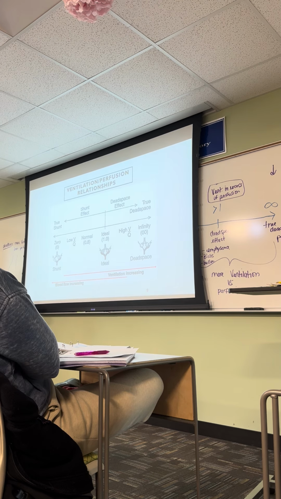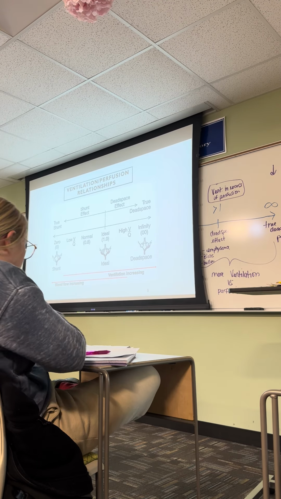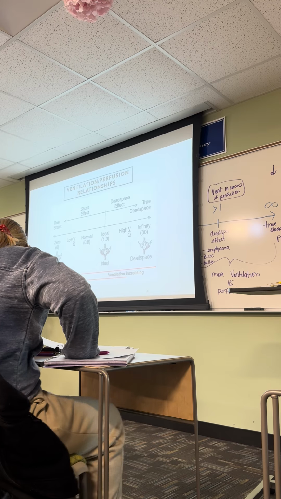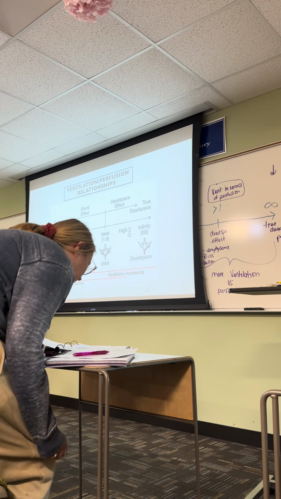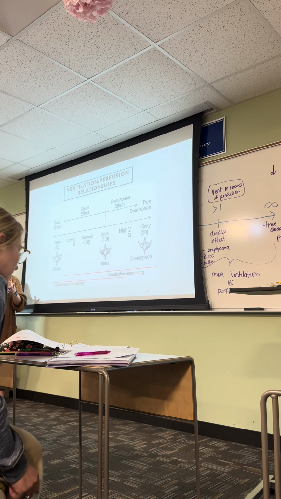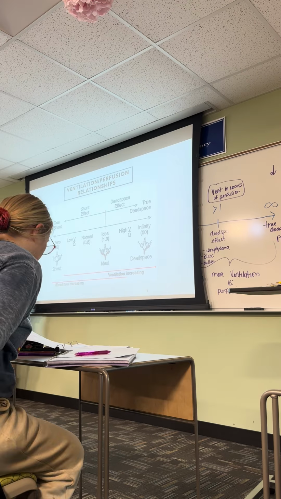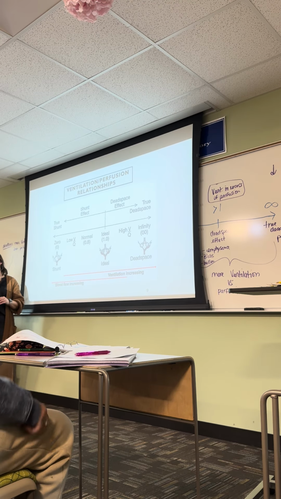It's not getting perfused, it's not getting ventilated, but we have a beautiful capillary that has perfusion. So it's been shunted over to this healthy alveoli. That's where we get that name from, right? Because it's shunting that blood flow. So remember, that's kind of what happens when we have that hypoxic vasoconstriction. It starts to shunt that blood flow to those healthy alveoli, okay?